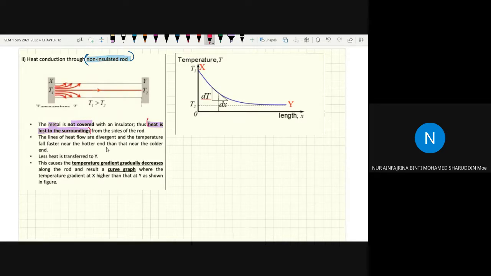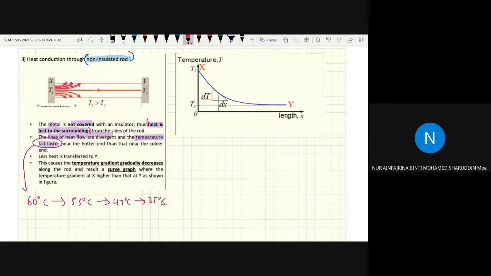And if you notice, the lines of heat flow are divergent and the temperature will fall faster. Fall faster means instead of falling at a constant rate, it will fall like this: 60 degree Celsius becomes 55 degree Celsius, then suddenly 47 degree Celsius, then 35 degree Celsius.